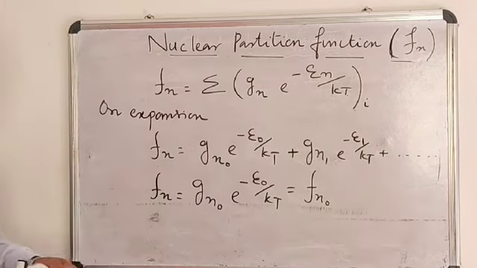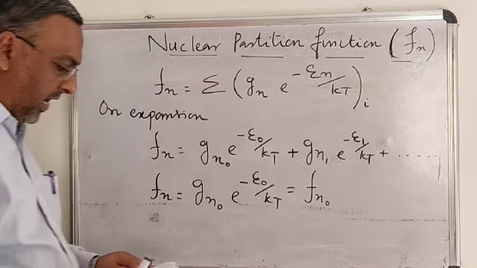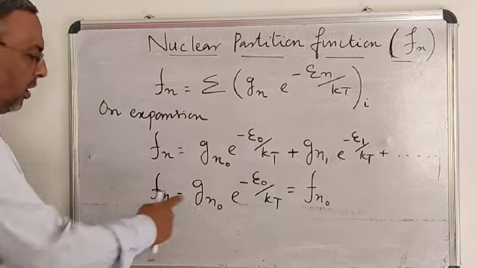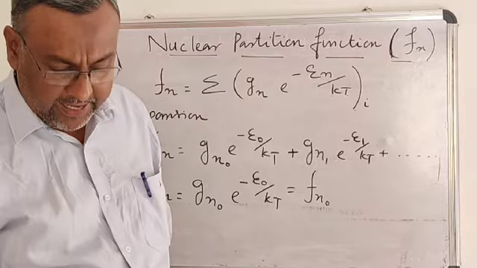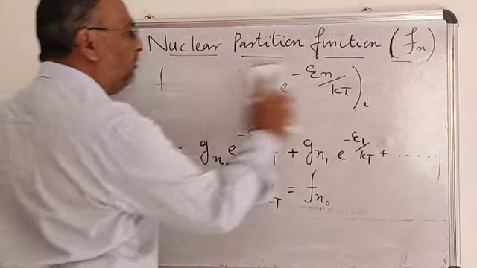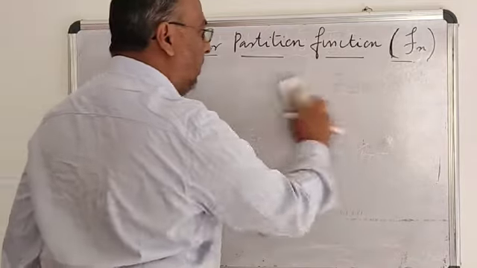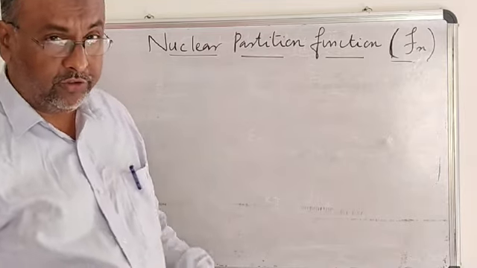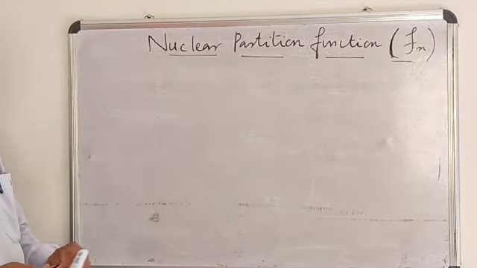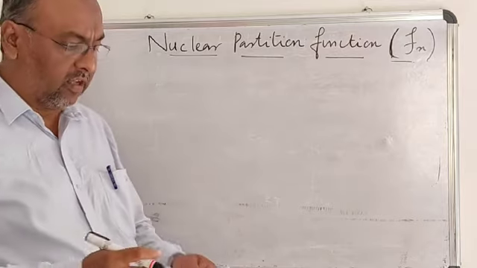So therefore, how to calculate the ground state degeneracy? How to calculate the degeneracy of the ground state? Every atom contains a nucleus, and that nucleus contains neutrons and protons. Therefore, the degeneracy of the ground state is determined by the spin quantum numbers of the nucleons.